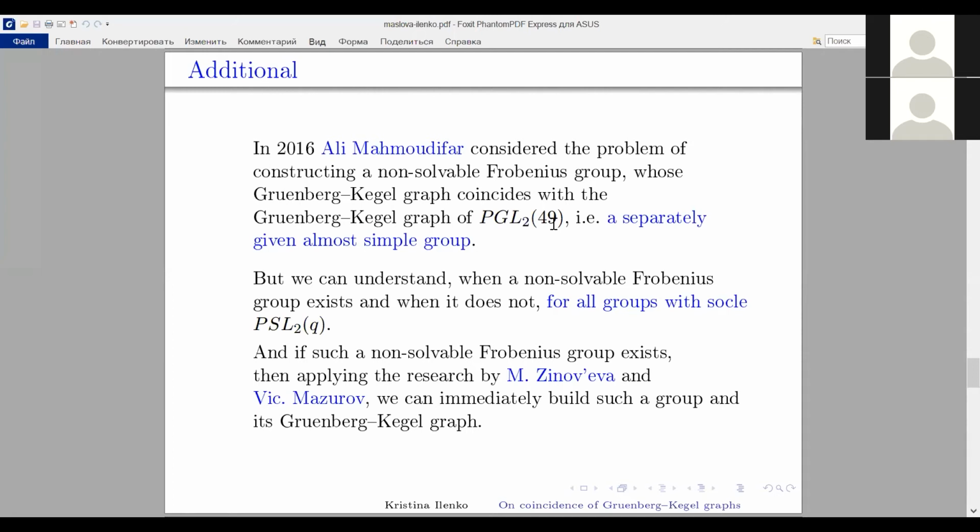But we can understand when a non-solvable Frobenius group exists and when it does not, for all groups PSL2(q). And if such a group exists, then applying the research by Mariana Zinovyeva and Viktor Mazurov, we can immediately build such a group and its Gruenberg-Kegel graph.